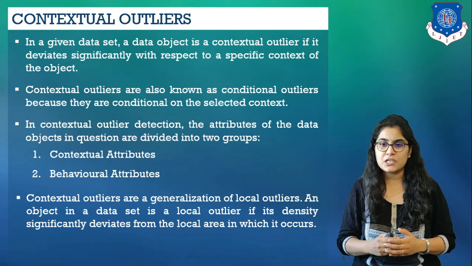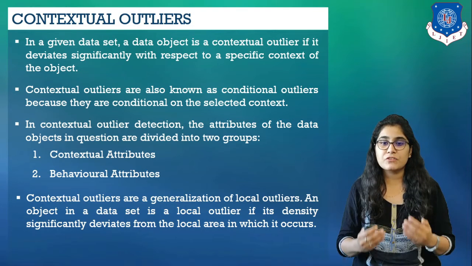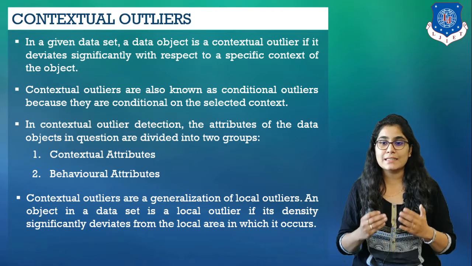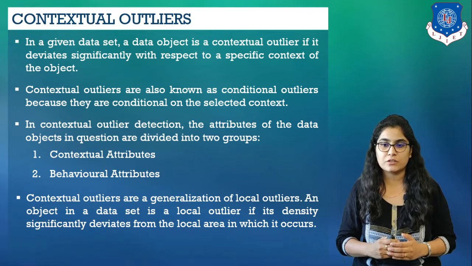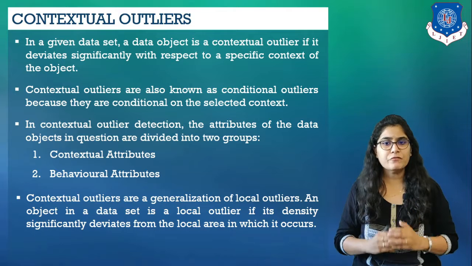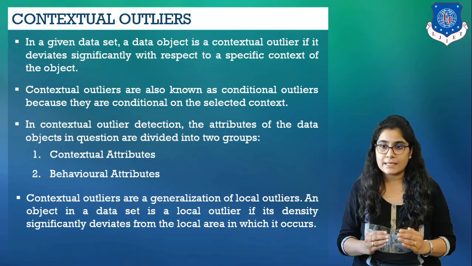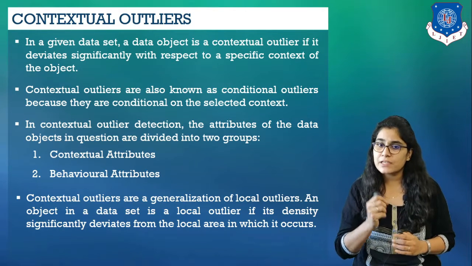In many applications, neither obtaining sufficient information to determine contextual attributes nor collecting high quality contextual attribute data is easy. Now, how can we formulate meaningful context in contextual outlier detection?